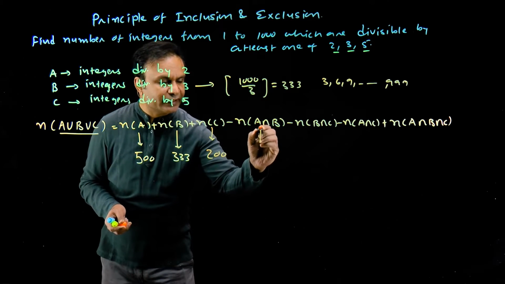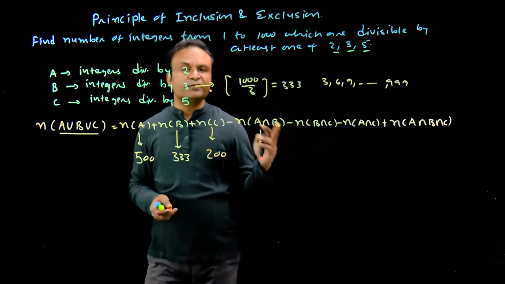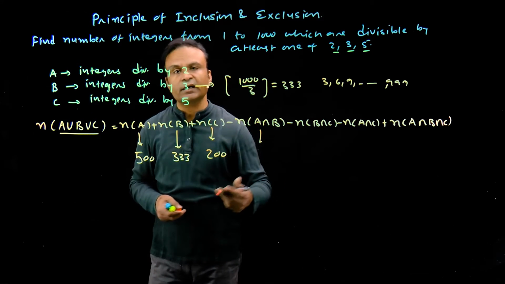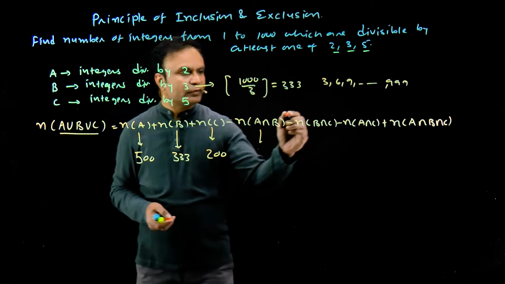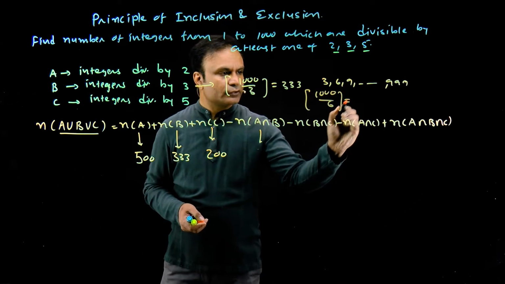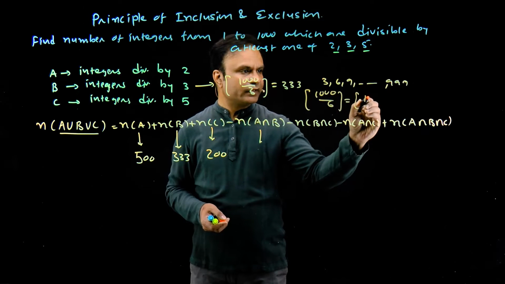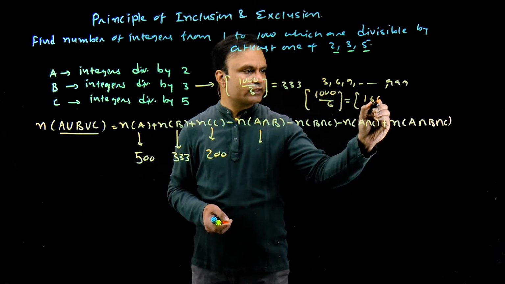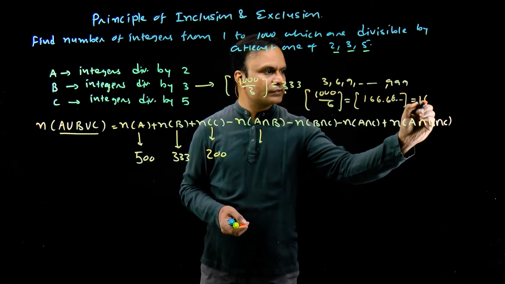Now this one, integers divisible by 2 and 3, that means integers are divisible by 6 because 2 and 3 are prime numbers. So how many integers will be there? We will be dividing 1000 by 6. So this is equal to 166.66, and the integral part of this is 166.